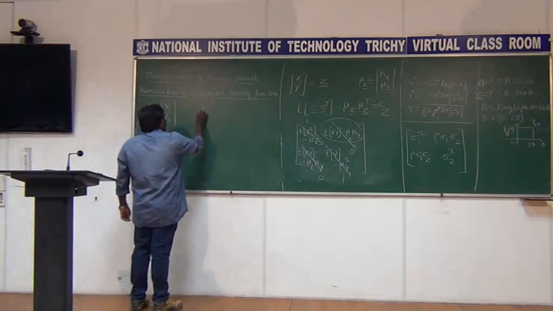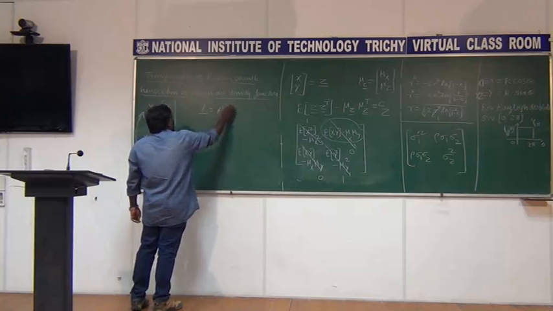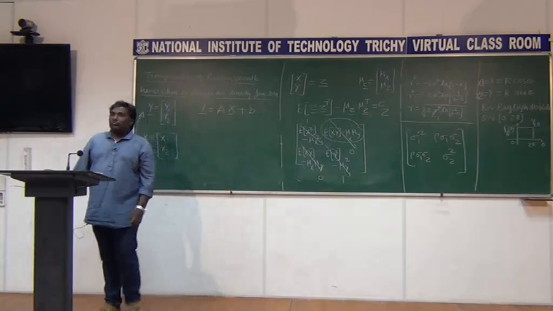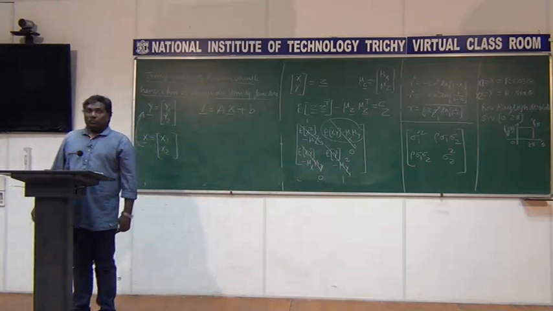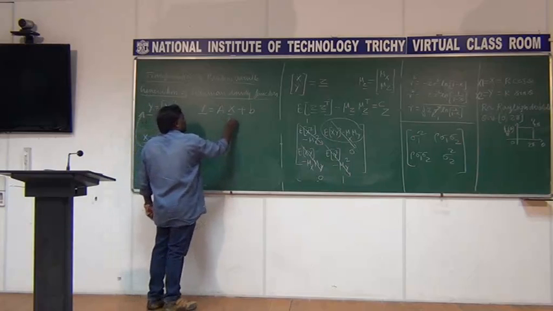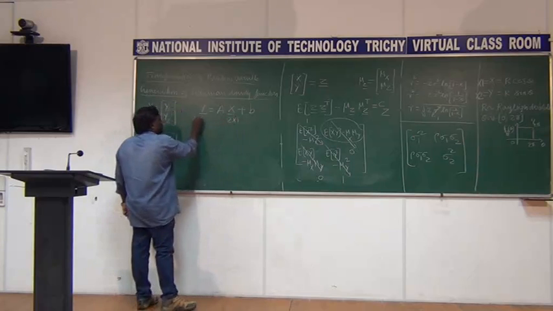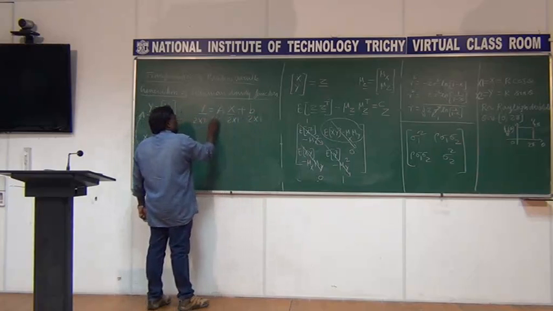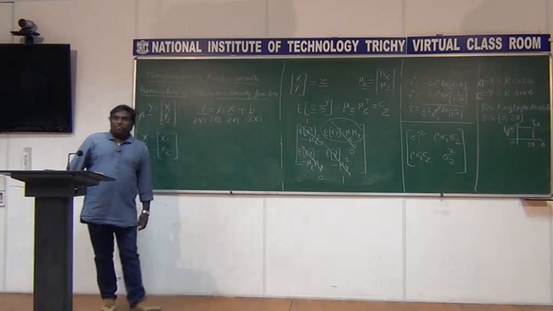I write it here as y equal to Ax plus b. A is some matrix. What is the size? This is 2 cross 1 here, this is 2 cross 1, and this is 2 cross 2.